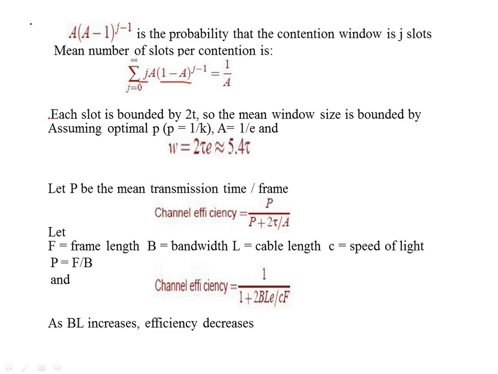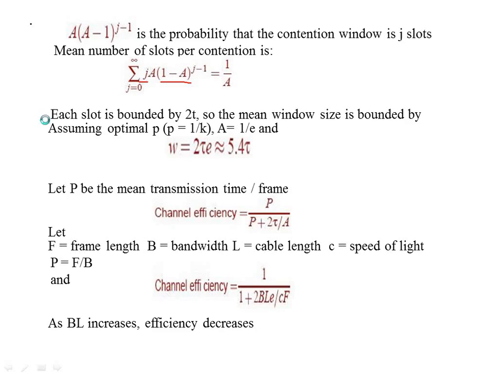Now let us consider that each slot is bounded by the time period 2 tau. So this is the mean window size. Assuming the optimal, that is P equal to 1 upon K, as we have already seen, A is equal to 1 upon e.